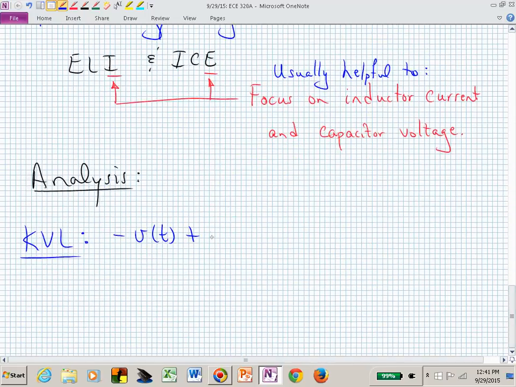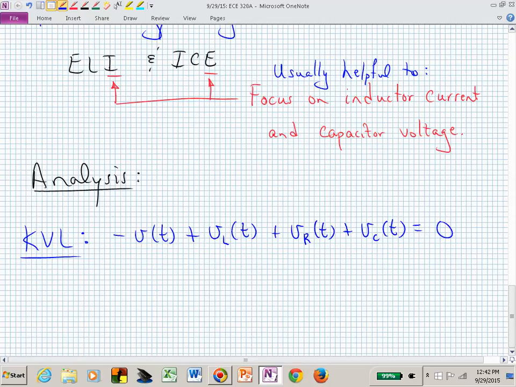And then I get back to where I started. Meaning the algebraic sum of those voltages needs to sum to 0. From a high altitude, this is a valid equation. But this is not a differential equation. This just tells us how the voltages in that circuit are related or connected.